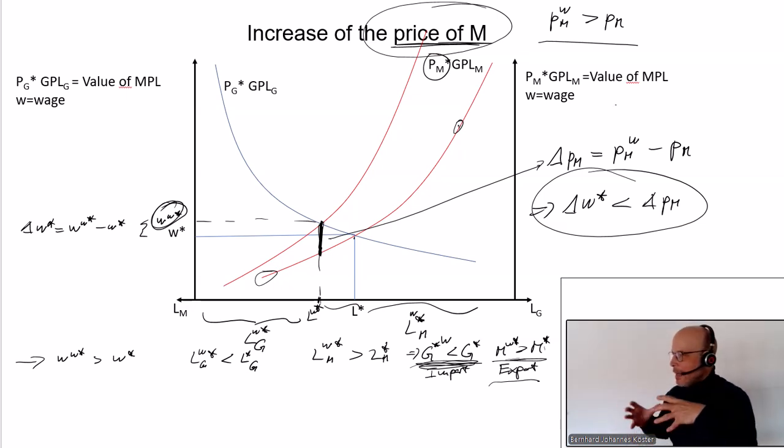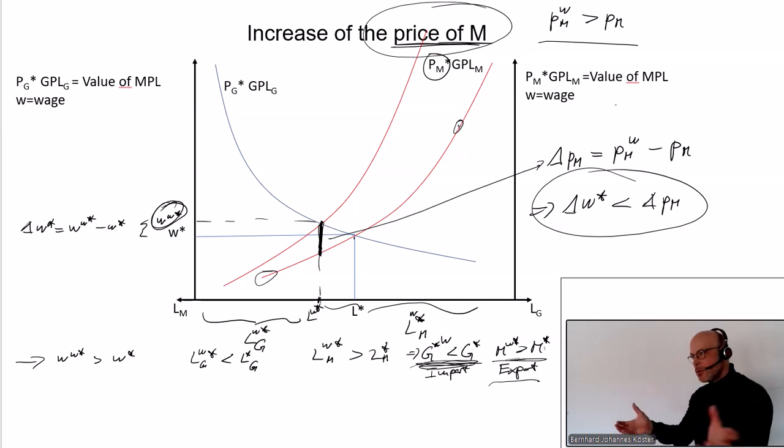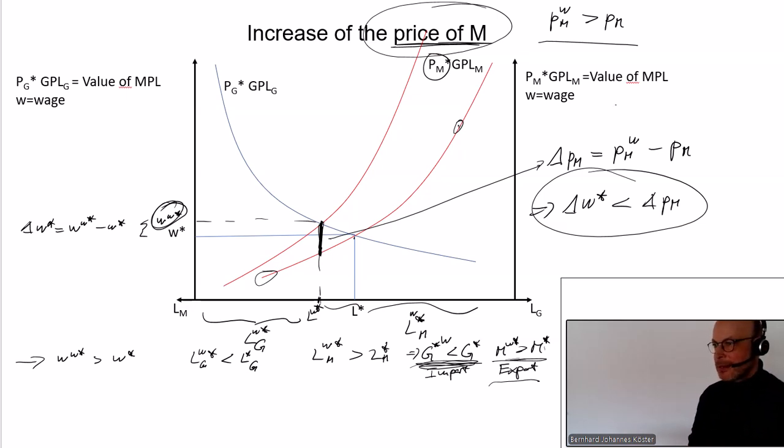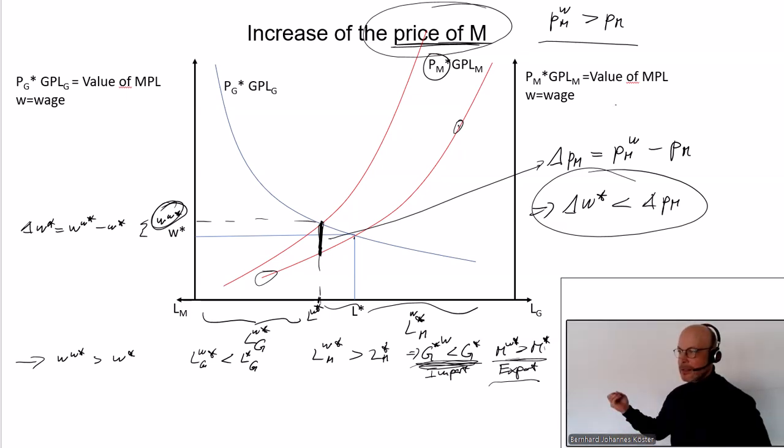We are arguing in general that we are not only happy because we have earned more money measured in euros or US dollars, but when we can use this money for buying something, and the new basket we can buy is not reduced, but if this new basket, which is valued due to our utility function, due to our preferences, if we compare the starting basket under autarky and now the end basket due to our own demands, due to our preferences, if we then say, well, comparing these two baskets, we are happier than before.